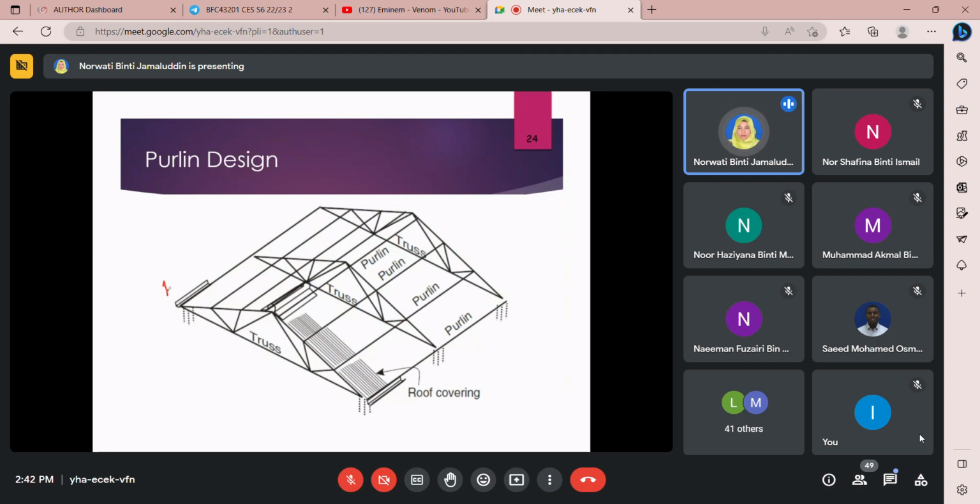This is truss number 1, truss number 2, truss number 3.